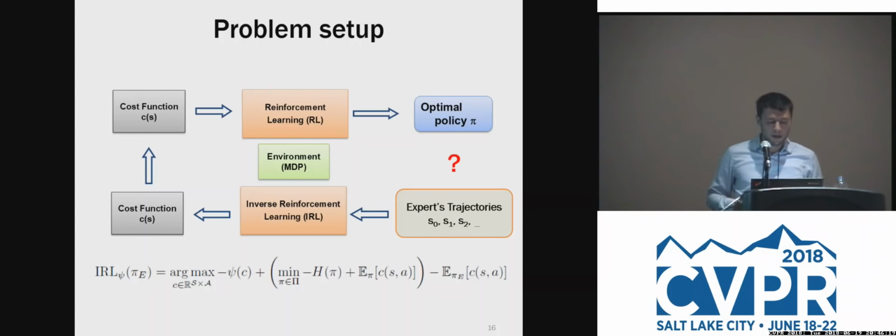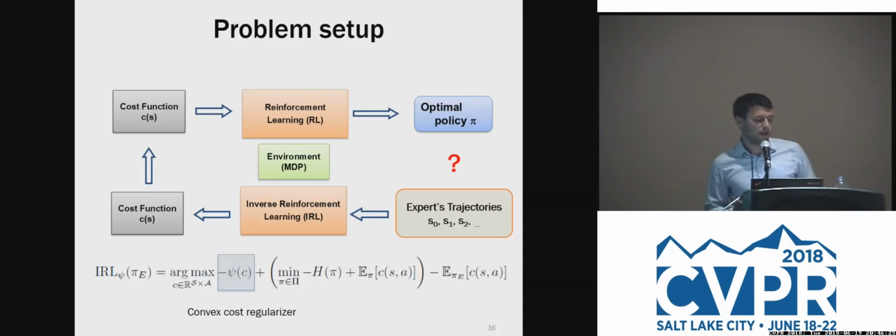In order to do that, we're going to consider a slight variation of the optimization problem we had before, where we're not just trying to maximize the gap between the expert and everything else, but we're going to include a little extra term, psi, which you can think of as a regularizer. It's some kind of preference that you have a priori over possible cost functions. You might specify a preference towards cost functions that are simple, or maybe you know that the cost functions depend on some particular features.